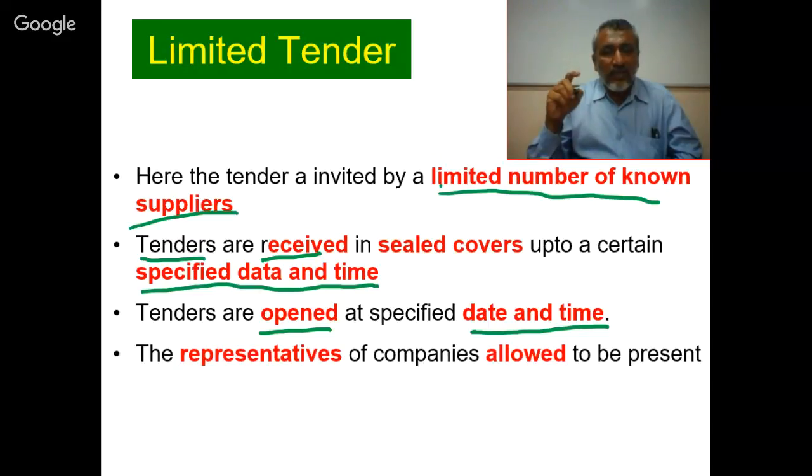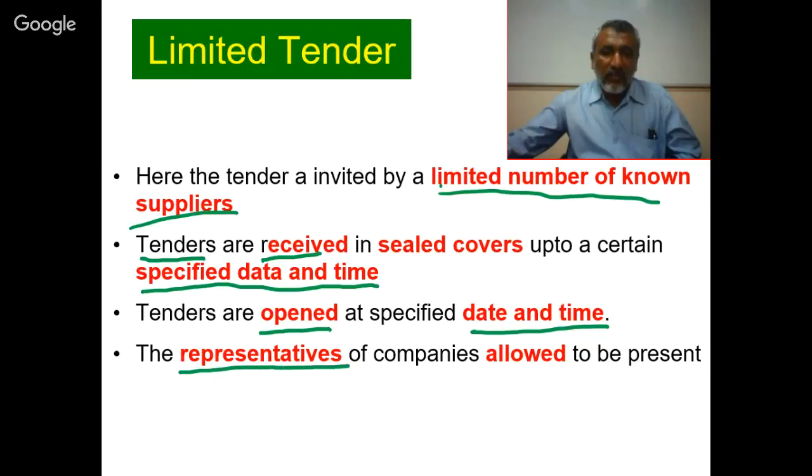We need to remember that the tenders are given in sealed envelopes, and these sealed envelopes will not be opened by the company and the prices leaked to any other company. The tenders received will be kept intact. They will be opened at a specified date and time to ensure transparency.